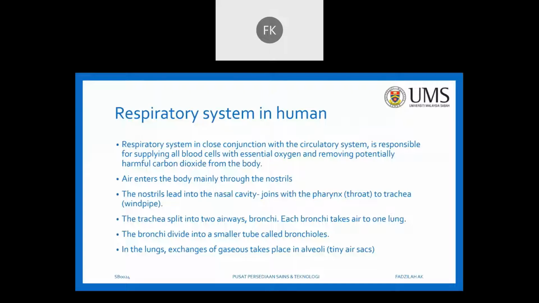We have two lungs, so we have two bronchi, one for each side. Then the bronchi divide into smaller tubes called bronchioles. In the lung, exchange of gases takes place in the alveoli, which are tiny sacs. They are moist and inside your lung.